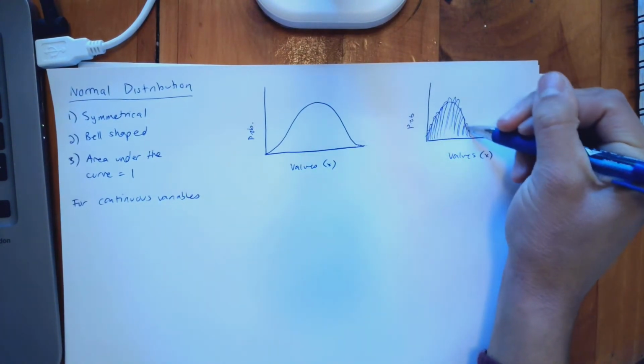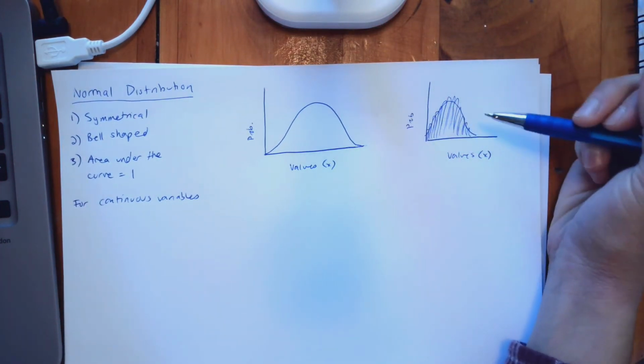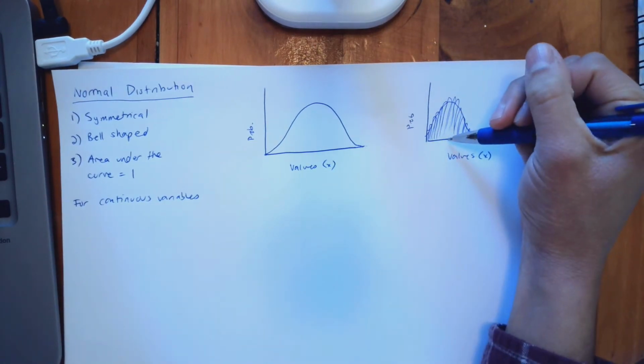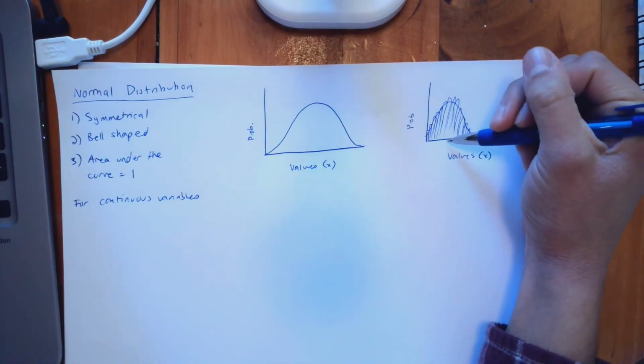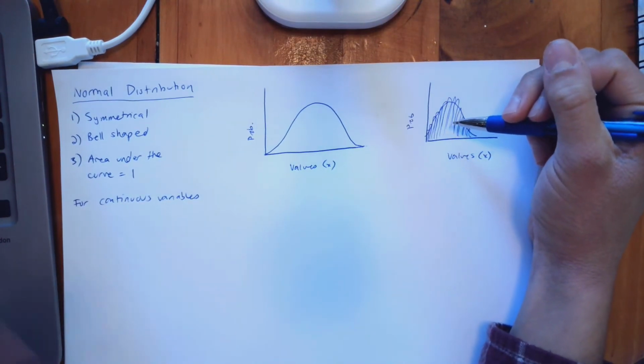So the shape that we have here that I drew kind of badly is really just made up of many bars for each of these possible values. So if we were talking about height here, this would be a bar for 60 inches, this would be a bar for 60.000001 inches, 60.000002 inches, and so on.